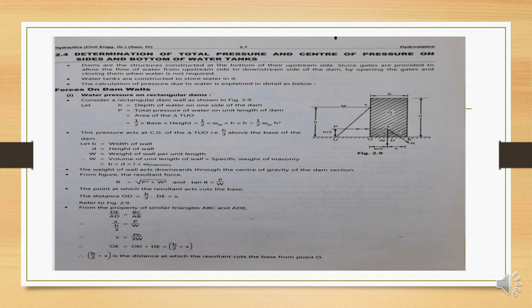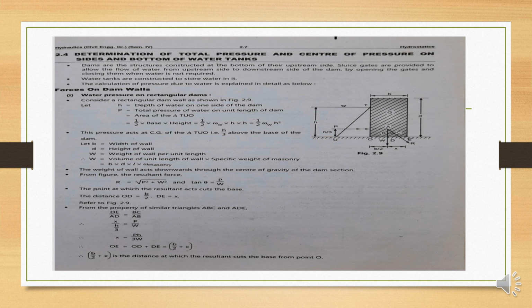Now the pressure is actually the area of the triangle TUO, which is shown in that image. That triangle area is actually the pressure of the water on a unit length of the dam.